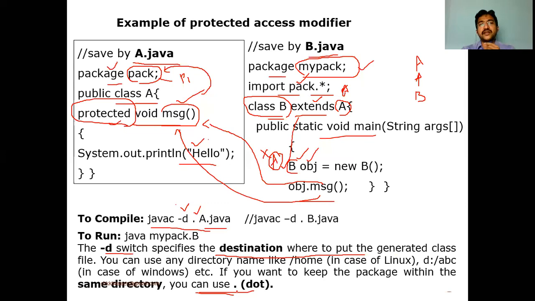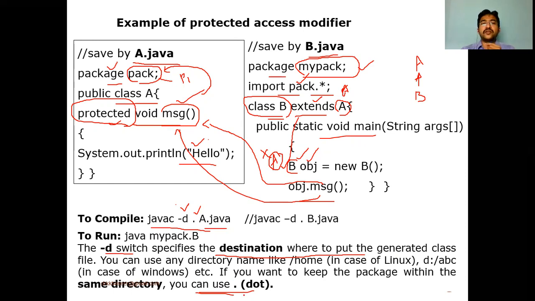If you want to keep the class file in the pack folder, because you are creating a package called pack, it has to be done automatically. To do that automatically, we use the dot operator, that is, the current same directory, if you want to keep it there.